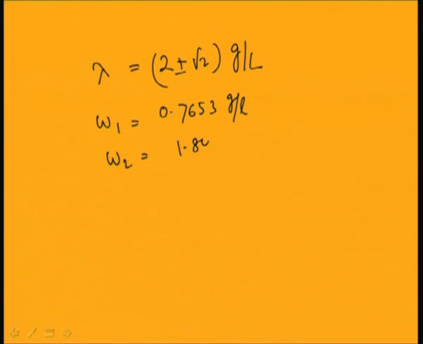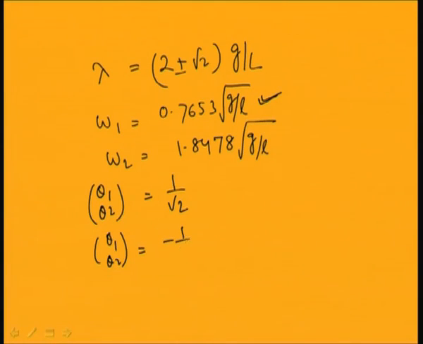and omega 2 you can find equal to 1.8478 root over g by L. By substituting the first one, you can find theta 1, theta 2 equal to 1 by root 2, and if you substitute the second one, theta 1, theta 2 will be equal to minus 1 by root 2.